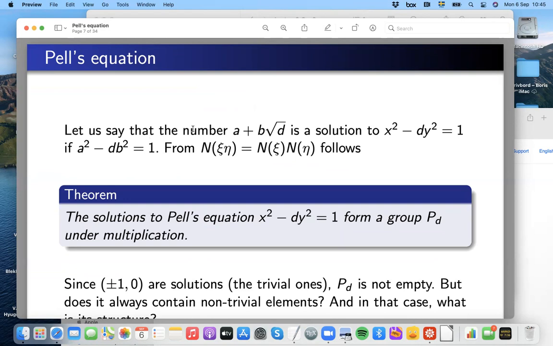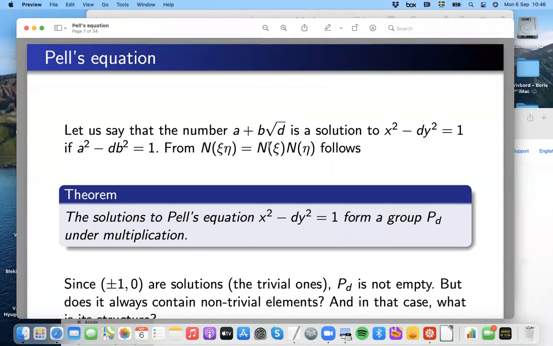So again, we'll say that the number a plus b square root of d, with a and b being integers now instead of rational numbers, is a solution to Pell's equation if a squared minus d b squared equals 1. Now observe that the norm of the product of algebraic numbers which we consider is equal to the product of the norms.